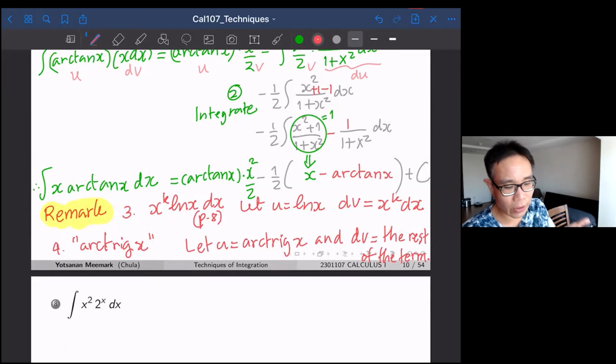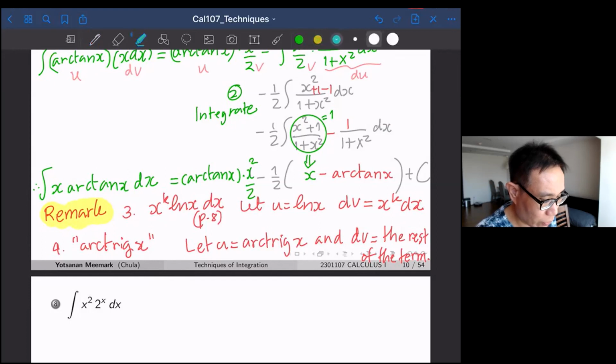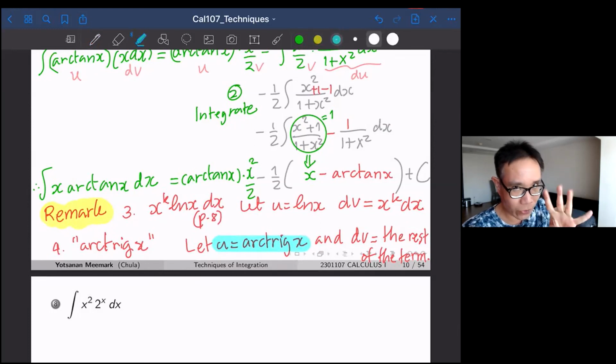So dv turns out to be anything that you have left. If it's x arc sec x, then u equals arc sec x, and dv will be x dx. So you have to keep this in mind in order to deal with this kind of stuff. There are 4 things that you need to memorize right now.